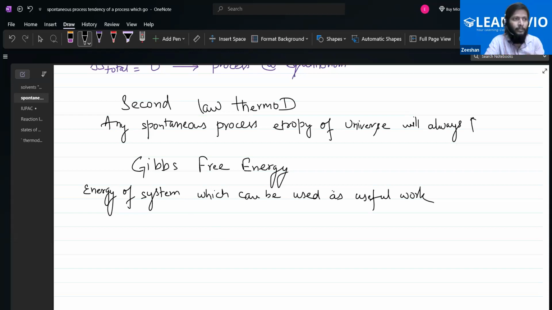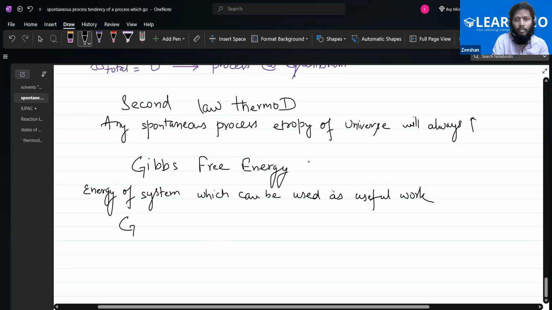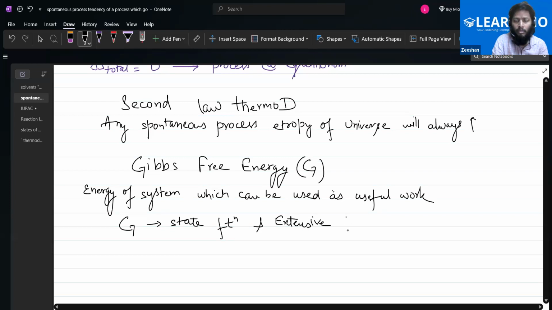Okay. It is denoted by G. I have to write G. It is a state function, which we talked about last time, and it is an extensive property, meaning it depends upon mass.